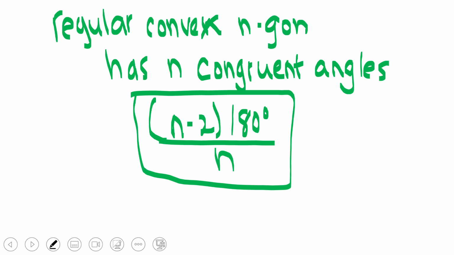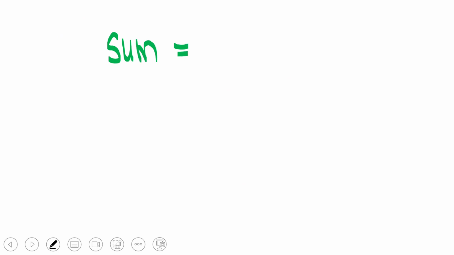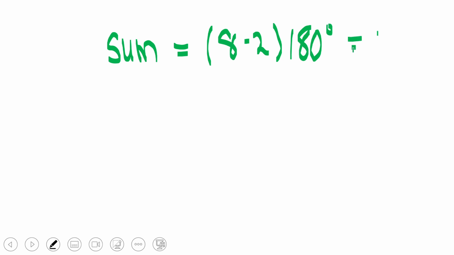So if you're asked about the gazebo in example 4 on page 251, it's a regular octagon. An octagon has 8 sides. So to find the sum of the measure of the interior angles, you're going to have 8 sides minus 2 in the formula we just talked about times 180 degrees. That equals 1080 degrees.